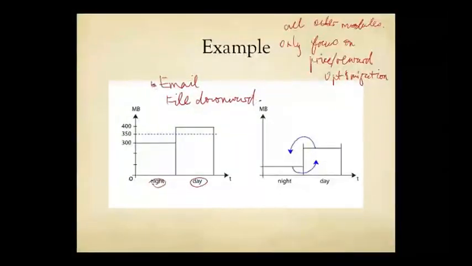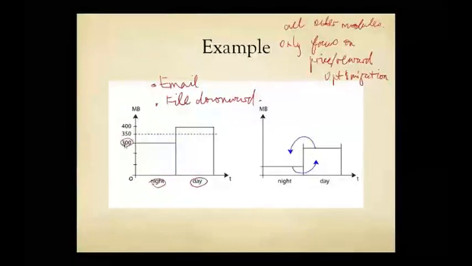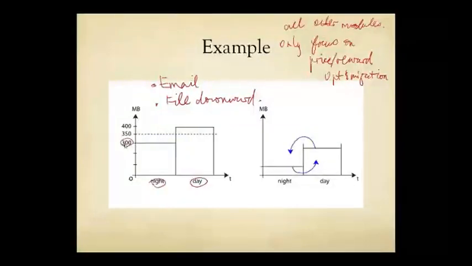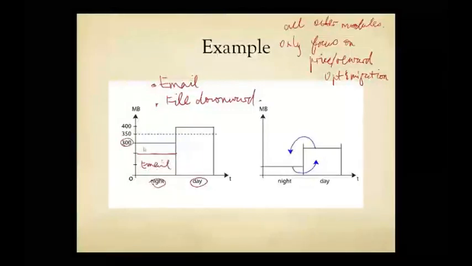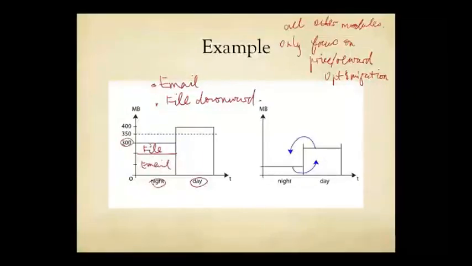And email is representative of the delay intolerant traffic, and file download is representative of delay tolerant traffic. And suppose at night the total capacity demand is 300 megabyte from a small pool of users in the neighborhood. And 200 out of that 300 belongs to email. And the remaining 100 megabyte belongs to file download.